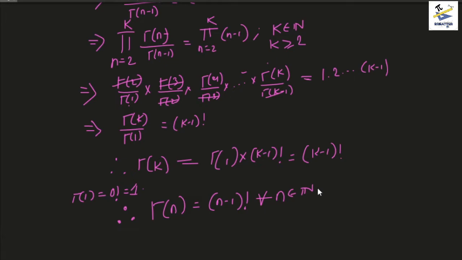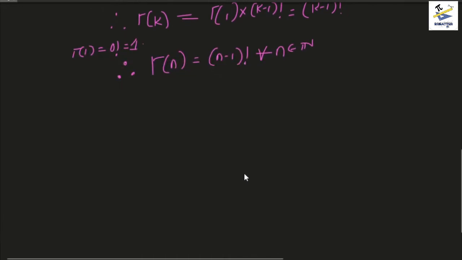Now since we were very keen on developing this formula for natural numbers, we might as well understand how to extend it to the real numbers and the complex numbers, and then we shall proceed. So what we cannot do in the case of real numbers is just evaluate it in terms of factorials. That is not possible.